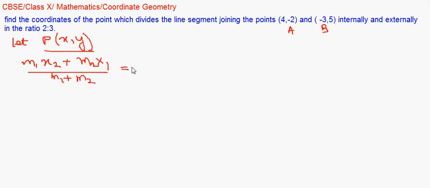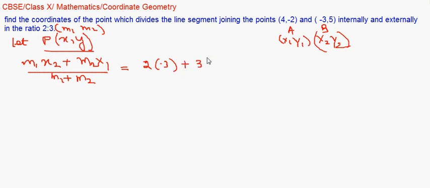So this is my x1, y1. I'm just writing here for our convenience. So this being my m1 and m2, it is 2 into -3 plus 3 into 4 by 2 plus 3.